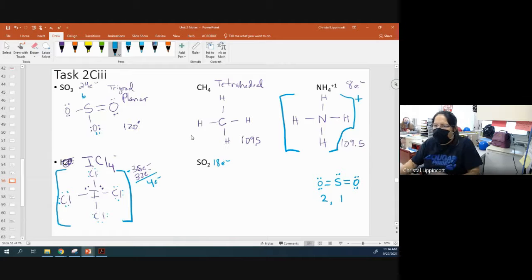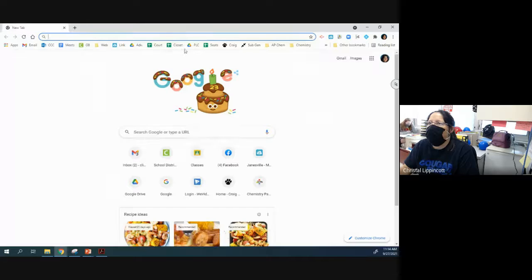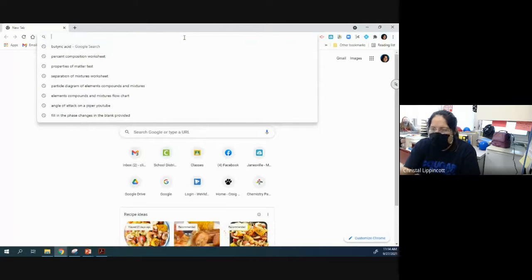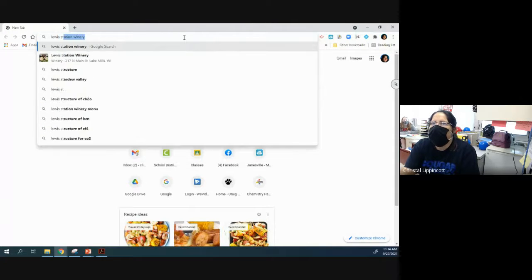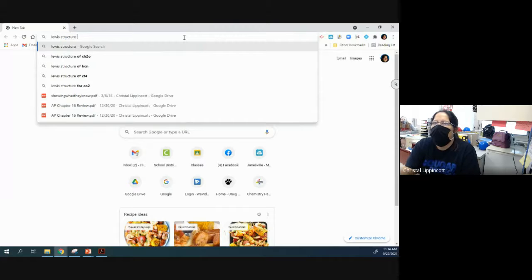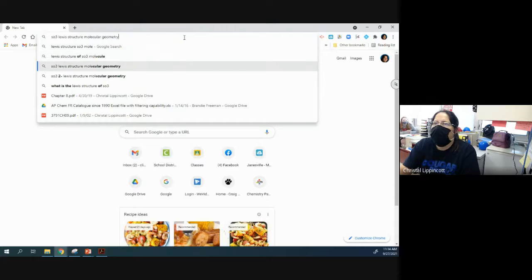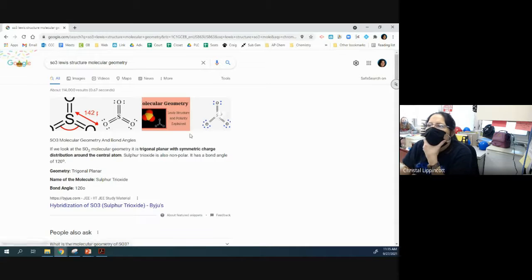Yeah, well, okay, let's do this then. Let's Google it and see what it looks like. SO3 molecule Lewis structure.